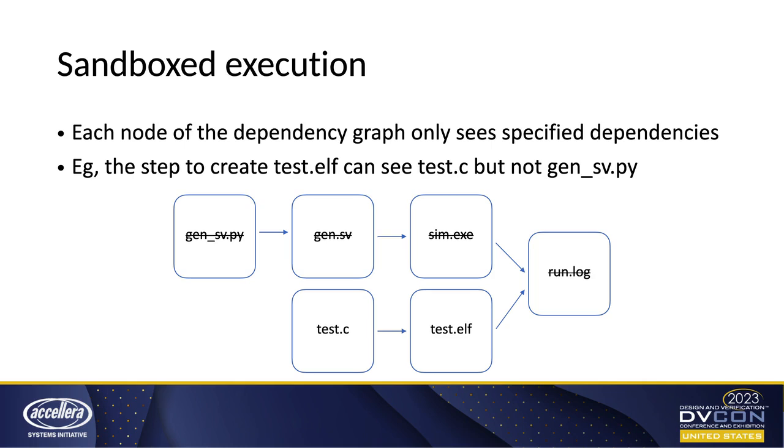So you said test.elf only relies on test.c. So in the Bazel sandbox, it will create a directory and only have test.c underneath there. And so when the rule runs to generate test.elf, it'll run in that directory. And if it happens to try to access some other dependency, it won't be able to find it.